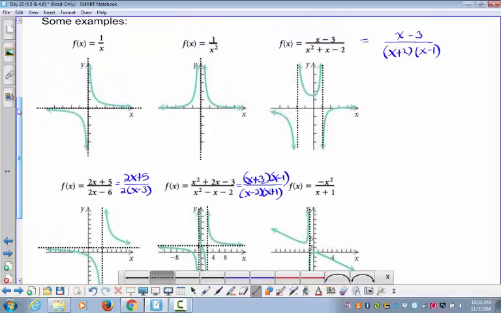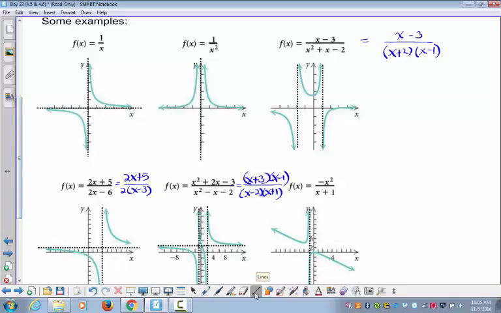If the degree of the denominator is greater than the degree of the numerator, where is your horizontal asymptote? At 0. So you get y equals 0 as the horizontal asymptote.